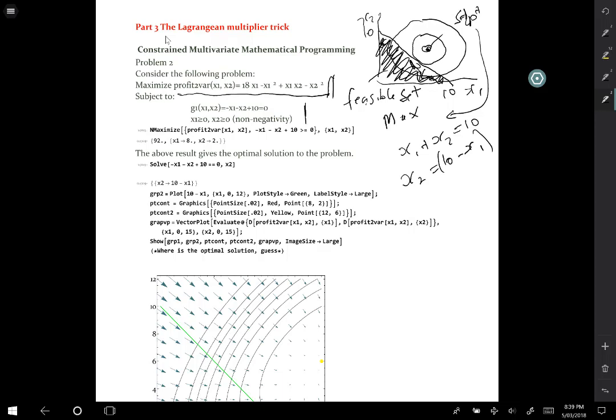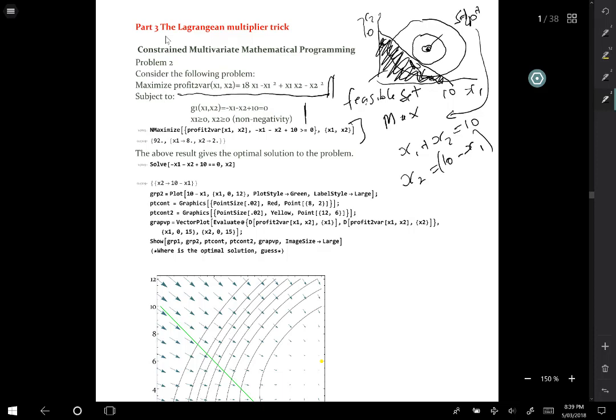But that soon becomes a very difficult way to solve this problem. So we're not going to use that method, although occasionally it is a very useful method to use.